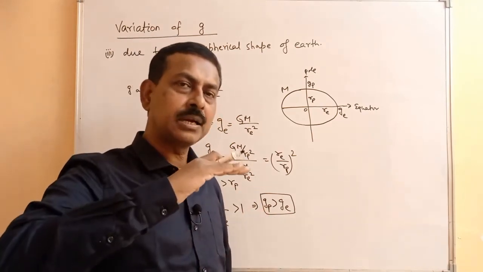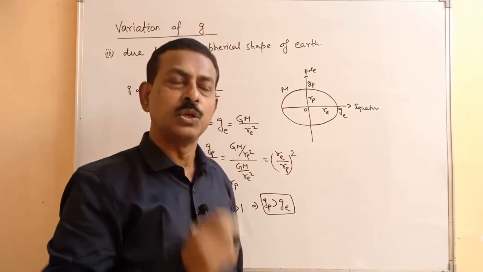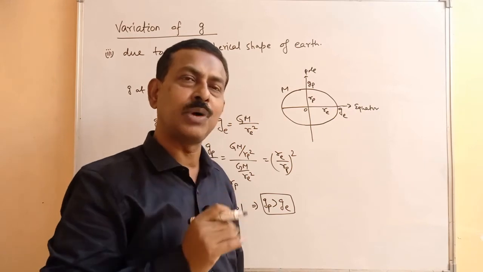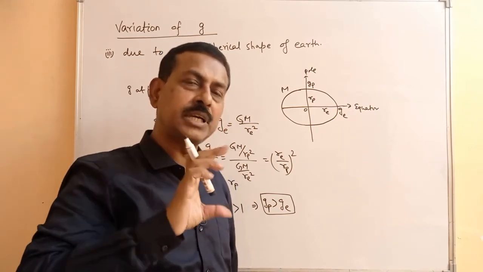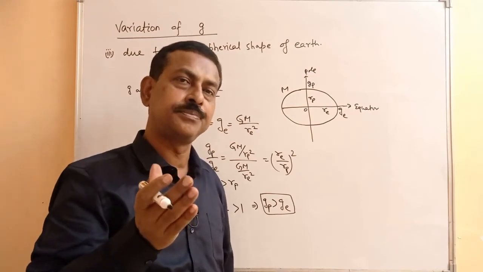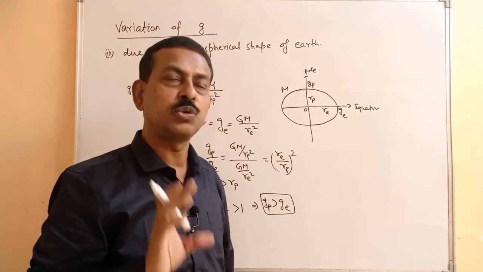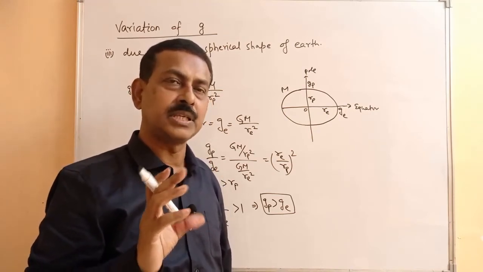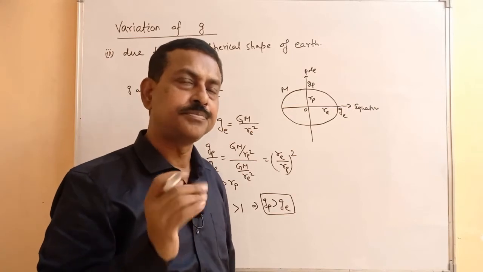Remember what we have taken earlier? As we move away from the surface of the Earth, with height the acceleration due to gravity decreases, because the distance from the center of the Earth increases, and acceleration due to gravity is inversely proportional to the square of the distance outside the Earth.